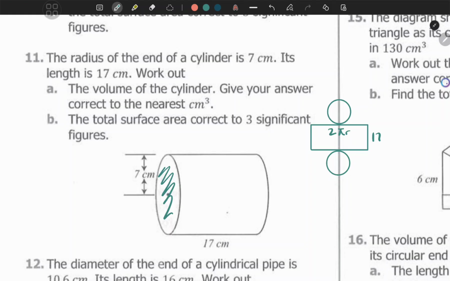If you recall what 2 pi r is, 2 pi r is the circumference of the circle. So when this rolls around and forms a cylinder, this length is equal to the circumference of this cylinder. So we have 2 pi r multiplied by 17, which is L or H, depending on the orientation.